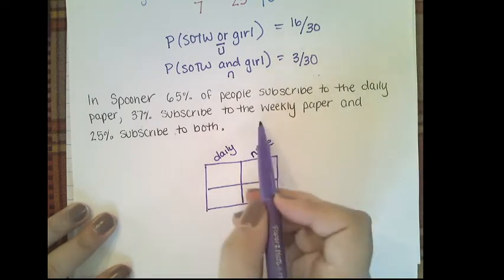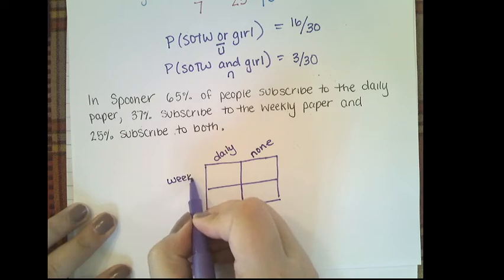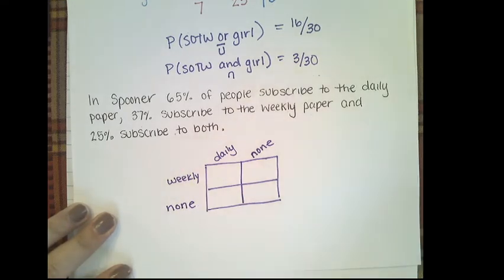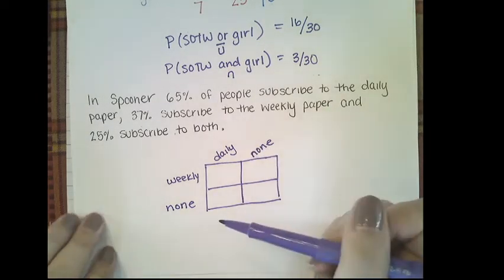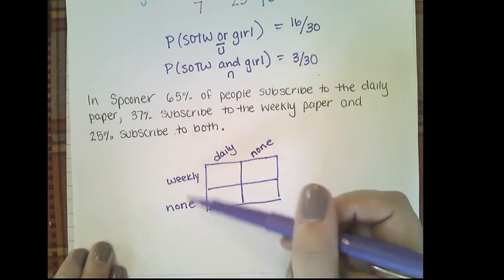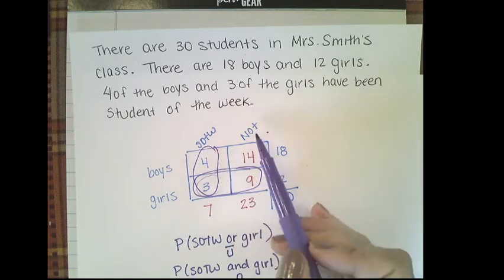And our second option is a weekly paper. So either they get a weekly paper or they don't. And the sides, as long as you keep them together, it doesn't matter where you put which one where. So like you could have done daily and none, or up here you could have done boys and girls on the top.